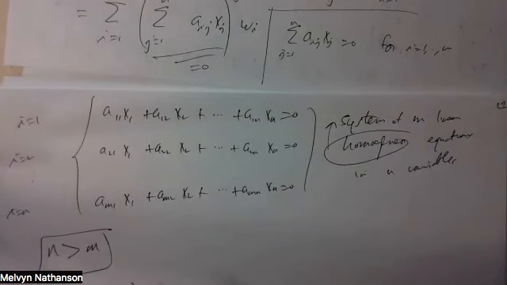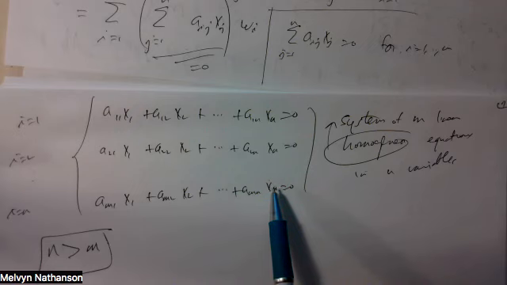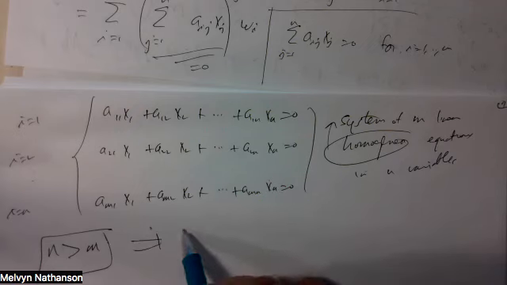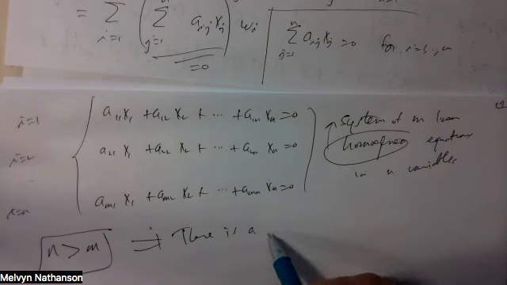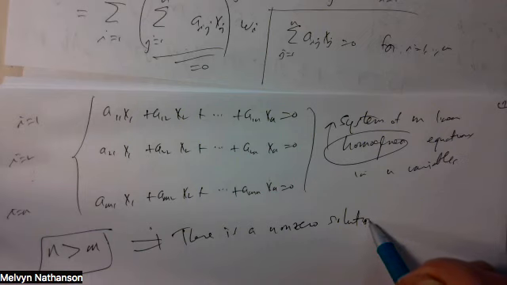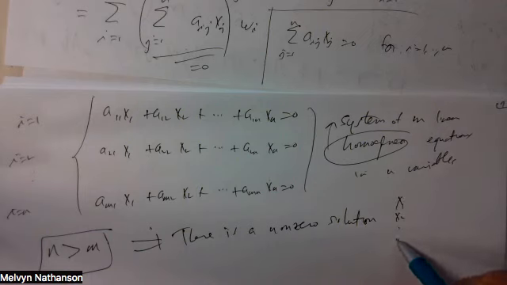That was our hypothesis. And the theorem we proved about systems of homogeneous linear equations, if you have a system of equations with more variables than equations, with n bigger than m, then there is a non-zero solution of this system, x1, x2 to xn.